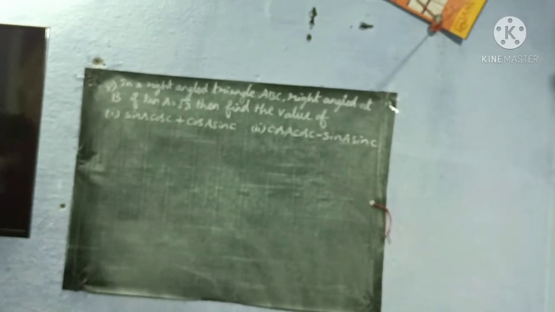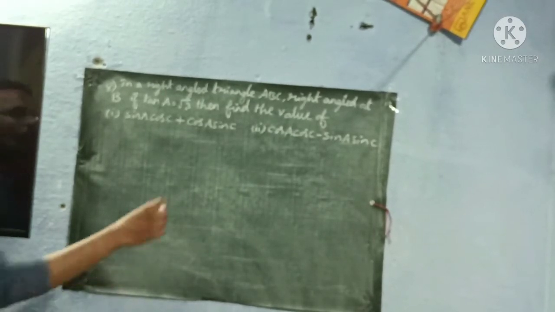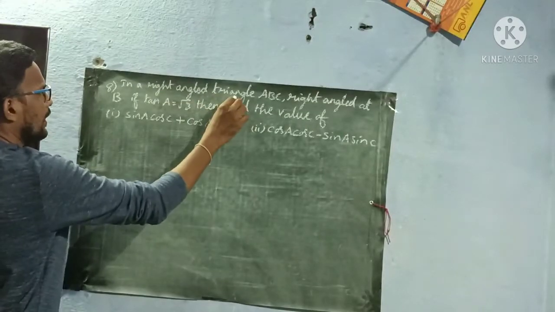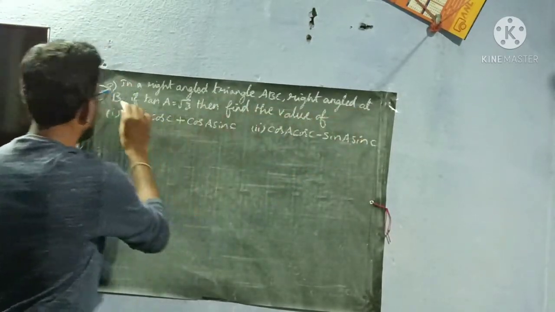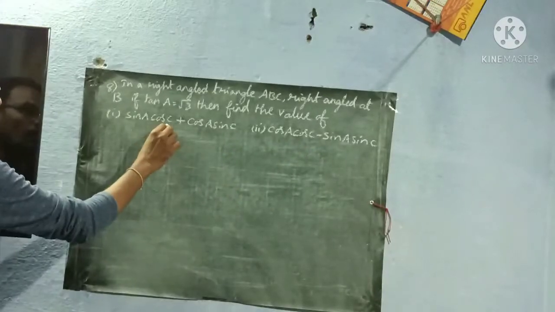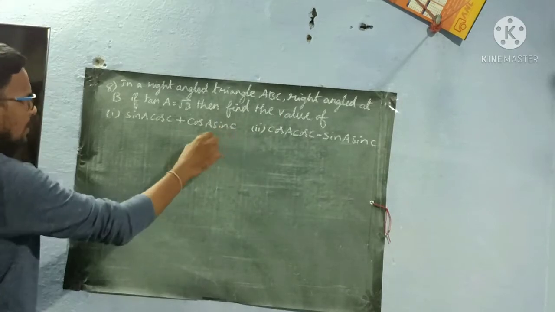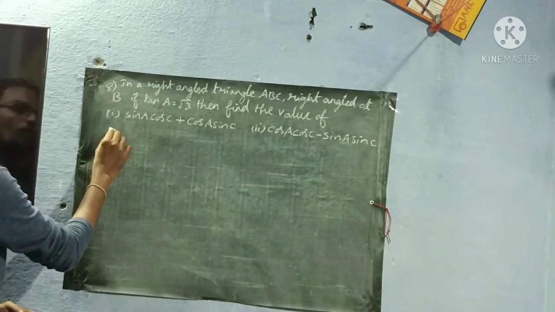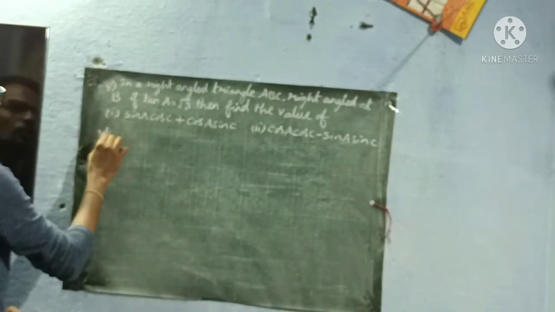So once again I will read the question. In a right angle triangle ABC, right angle at B, if tan A is equal to root 3, then find the value of sin A cos C plus cos A sin C. This is the first bit. So let us solve the first bit first. I am writing the solution.